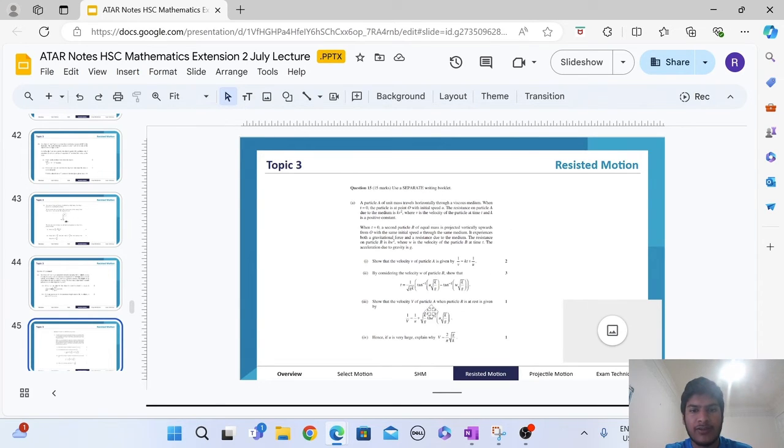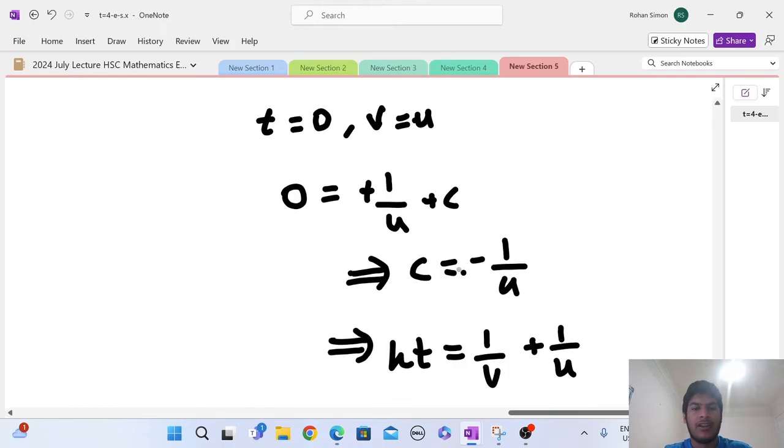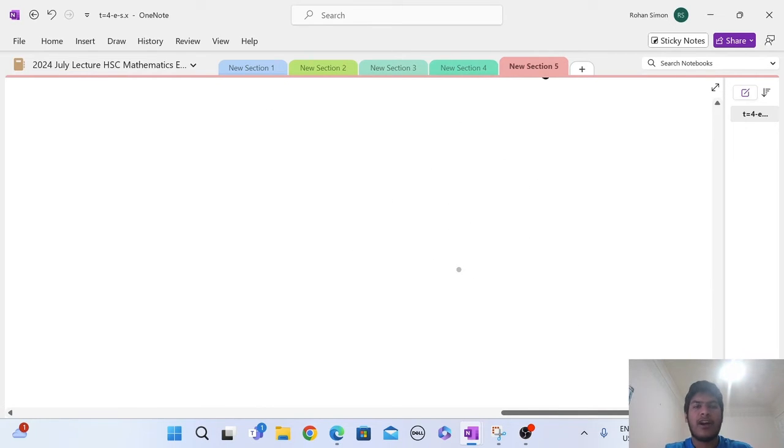Part 2, by considering the velocity w of the particle B, show that t equals 1 on root gk, tan inverse, and so on. Now this particle B is a case of vertical resisted motion.